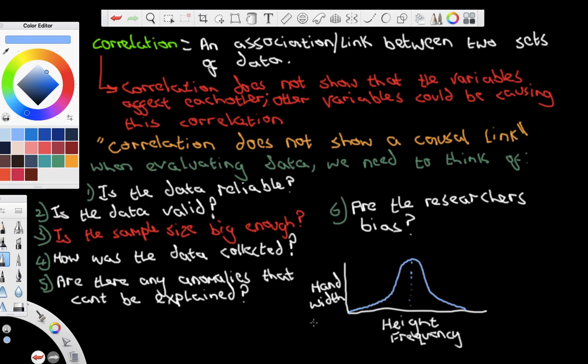And you would have seen that height and hand width, there isn't really a correlation. Some people can be tall with small hands, and there are some people who are short with very large hands. Okay.